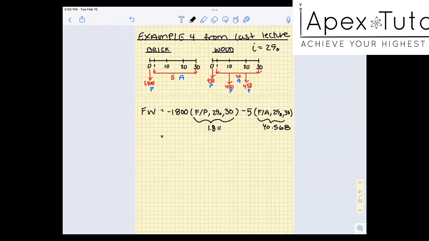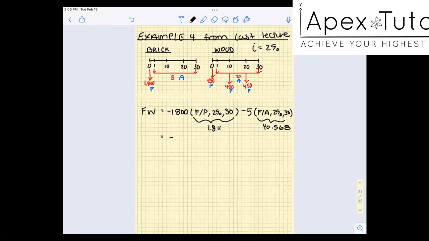Professor, negative 1800, that's the present worth. Negative 1800 was our first cost. I don't get the 5. Where did we get the negative 5? The 5 was our annual. You see the cash flow diagram?